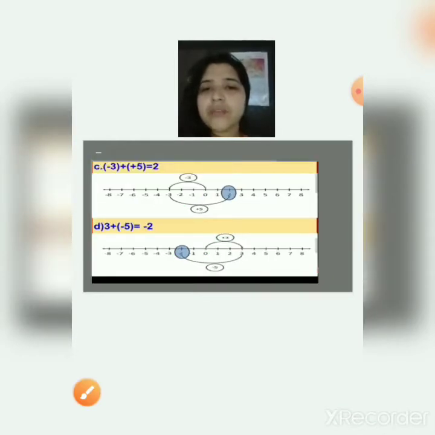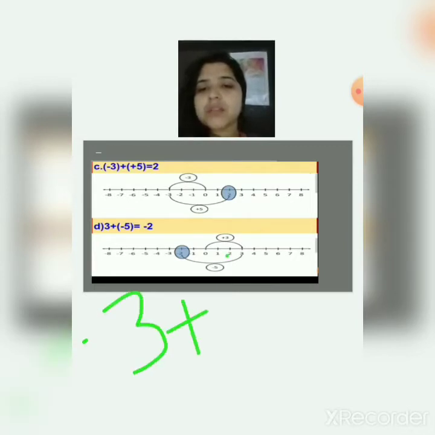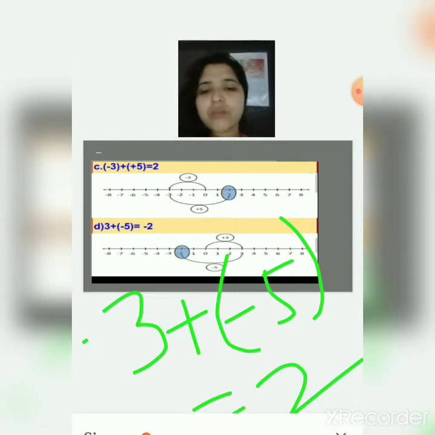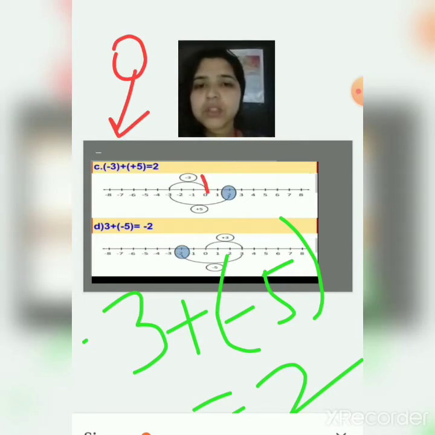Now again we have minus 3 plus minus 5, which equals 2. First, from 0 you take minus 3, directly from 0 to minus 3. Now the answer is 2.